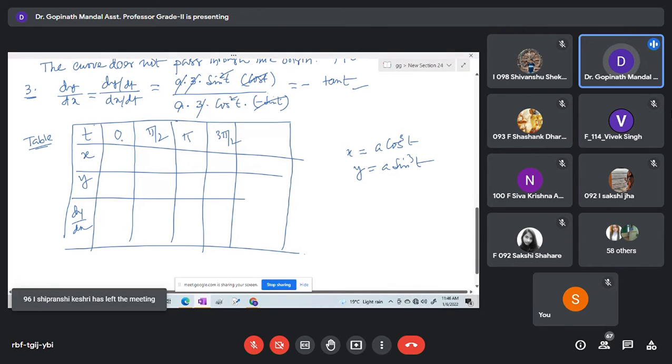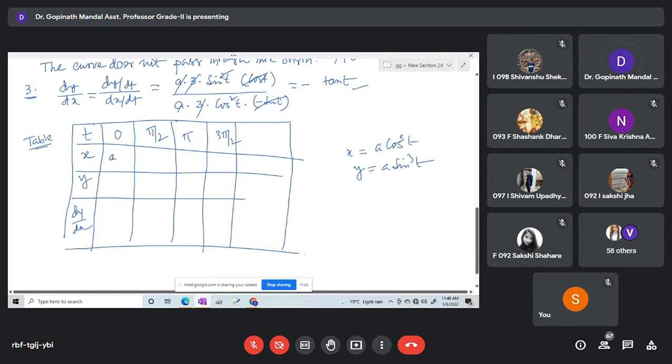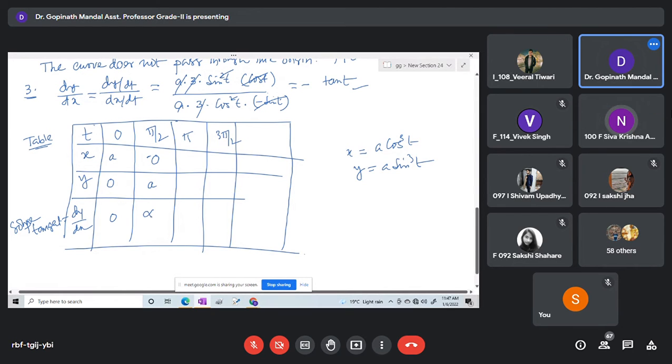At the point t equal to 0, the x value is a, the y value is 0, and dy by dx, that is the slope of the tangent, is 0. At pi by 2, x is 0, then the y value is a, and dy by dx is infinity, undefined.